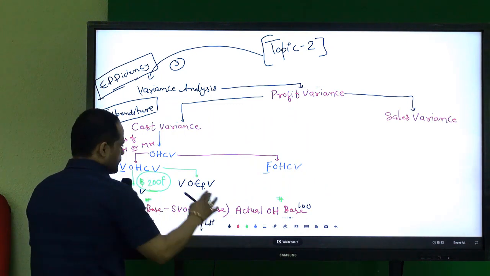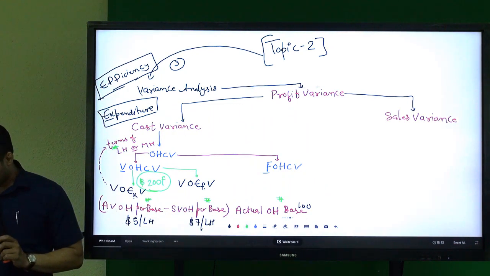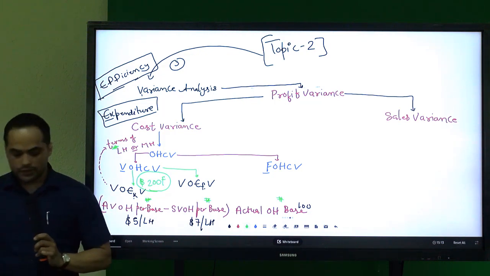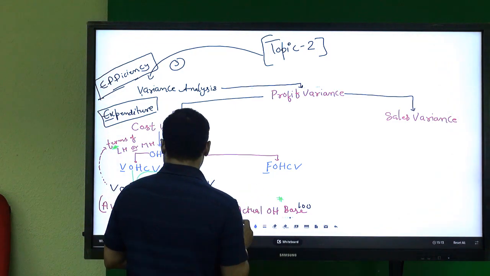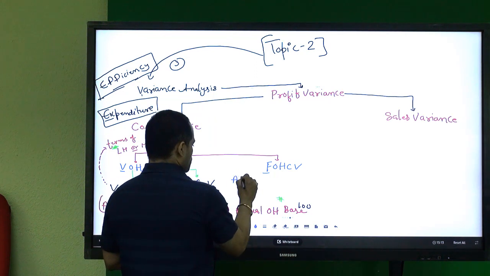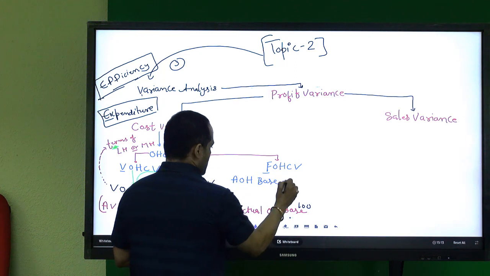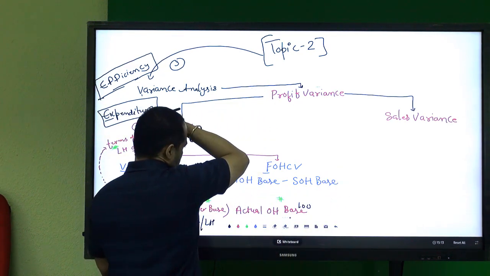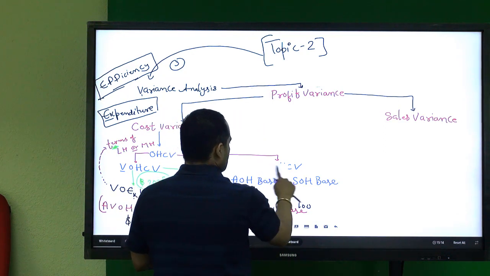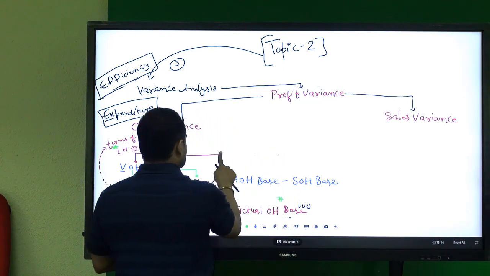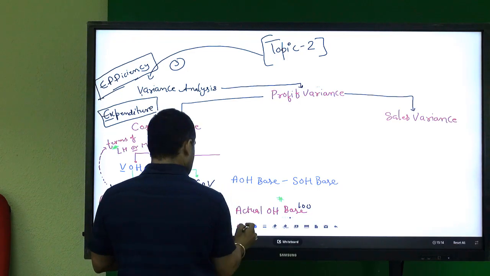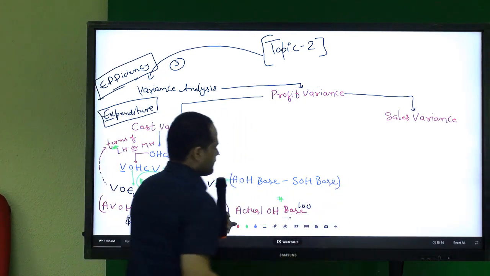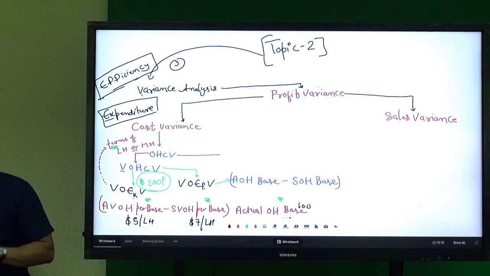So we write the formula here. The formula is actual overhead base minus standard overhead base, multiplied by standard variable overhead per base.